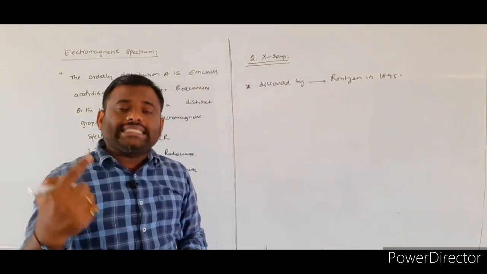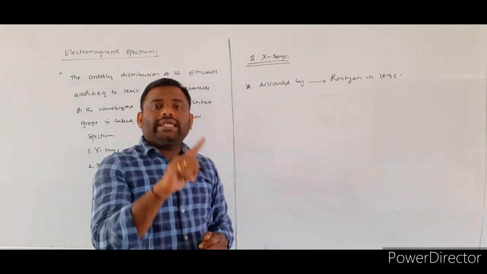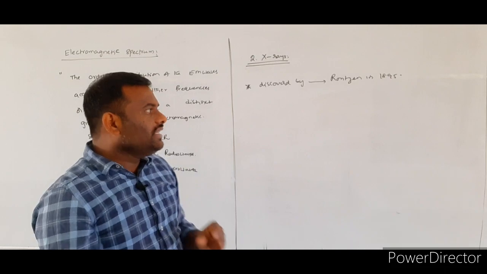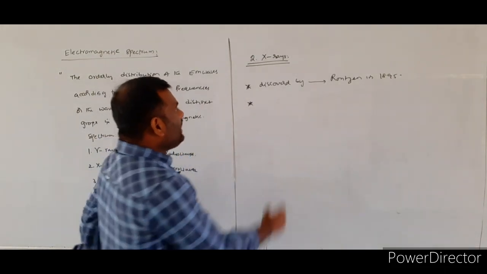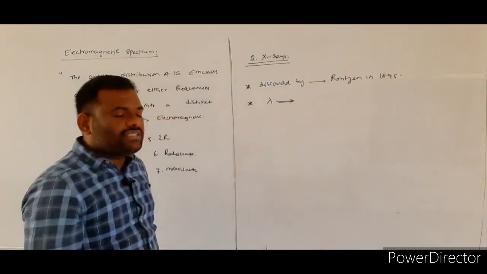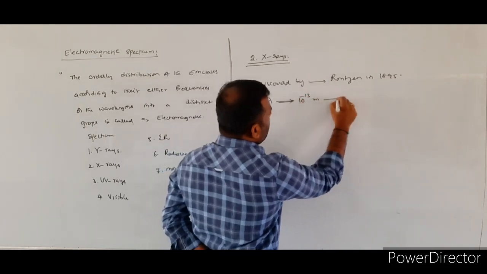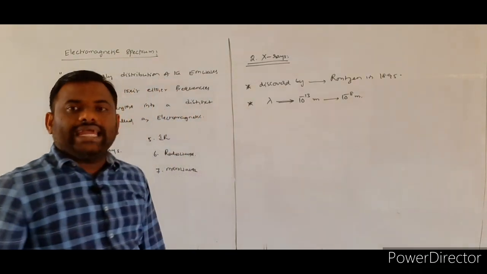In the case of the gamma rays, the wavelength range is from 10 power minus 14 meter to 10 power minus 10 meter. In the case of the X-rays, the wavelength range is from 10 power minus 13 meters to 10 power minus 8 meters.